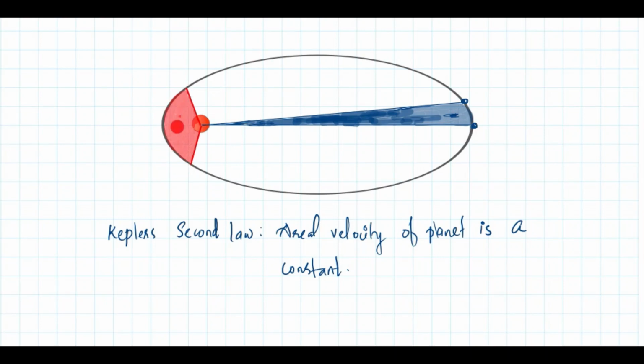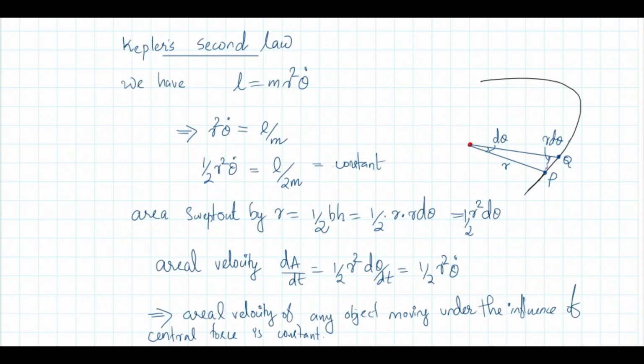Then only the areas covered during the two time intervals are equal, and then only areal velocity will be constant. So the velocity of the planet near the sun will be high compared to its velocity when it is far away from the sun. So this blue area and this red area should be the same if both are covered in the same time. So Kepler's second law states that areal velocity of a planet is a constant, and this is the proof.